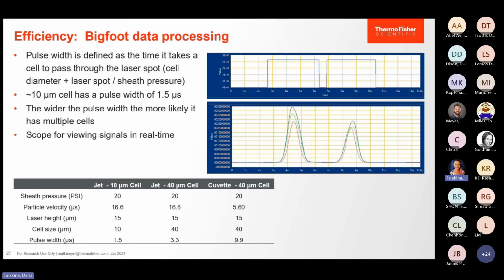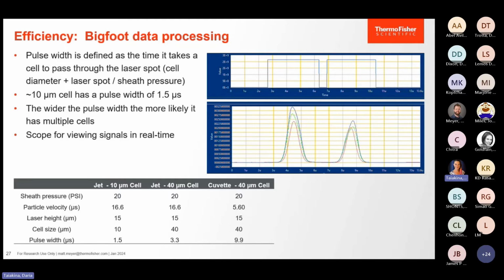If you have a wider pulse width, there's more likely to be multiple cells. Having a very narrow pulse width allows you to process these events much quicker, and you'll have more separation in that signal, so you can actually detect that. Again, that relates back to having a higher resolution camera or microscope. We don't ignore any of these events coming through, but rather we process them, and that's called dynamic window processing.